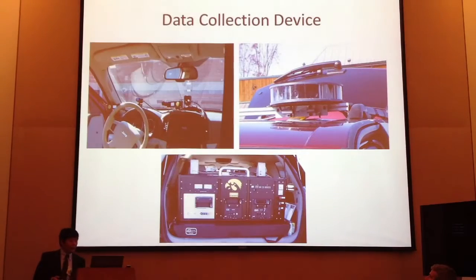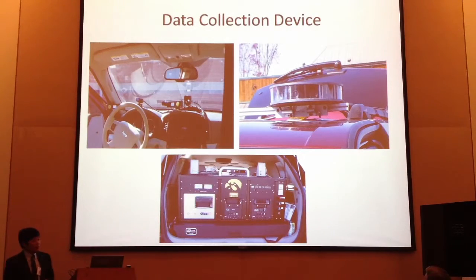This is the equipment that's used to collect the data. This is the dash-mounted eye tracker, and there are two cameras monitoring the driver's face, and this is the infrared light that periodically flashes to the driver's face to detect where the driver is looking.